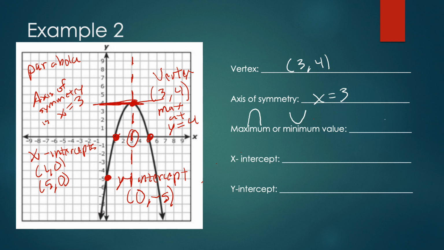And we said we have a maximum at y equals 4. Now the x-intercepts are 1, 0, 5, 0. The y-intercept is 0, -5.